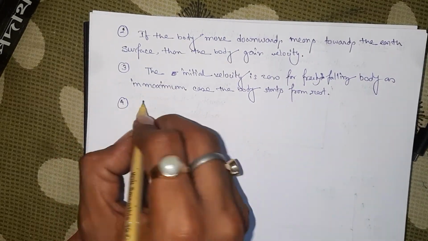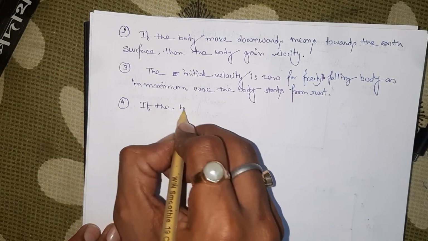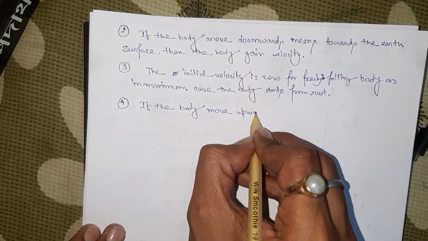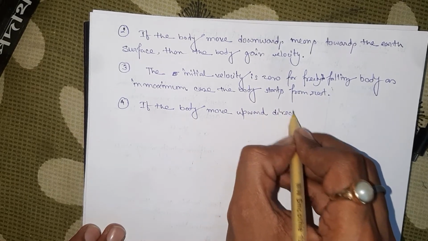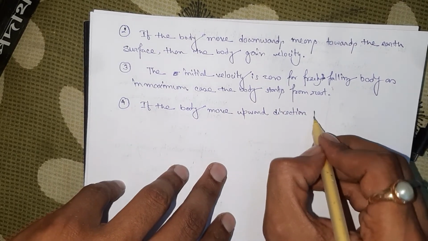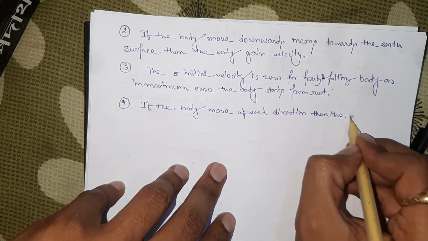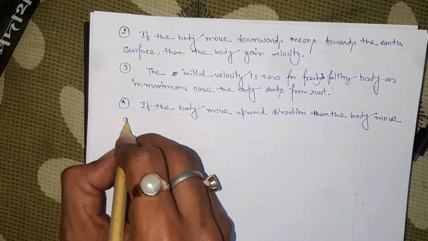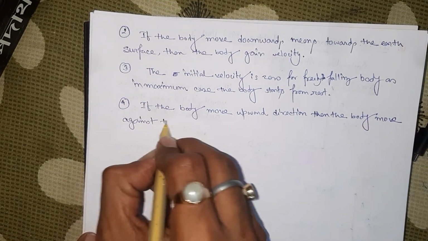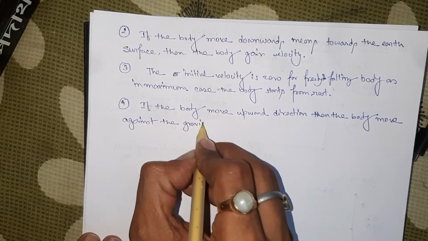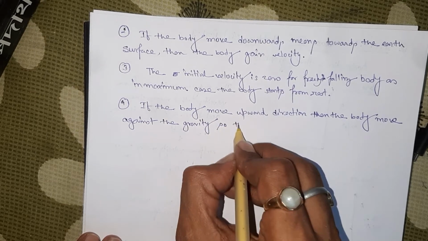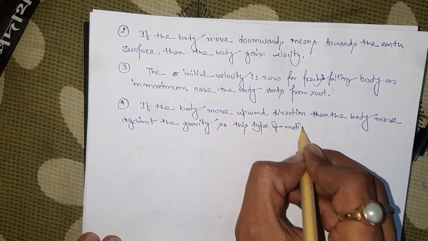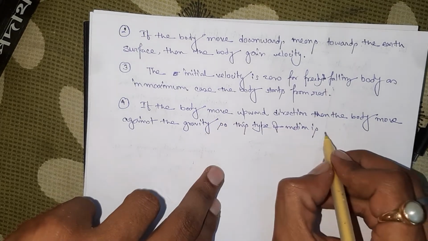4. If the body move upward direction, then the body move against the gravity. So this type of motion is retardated motion.